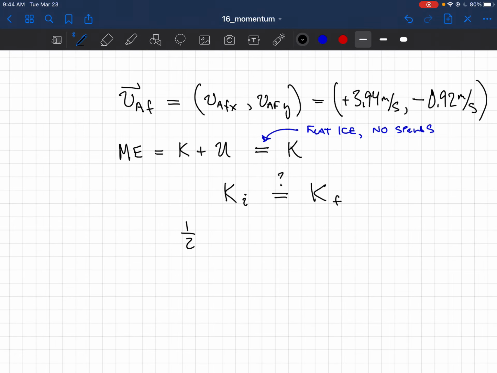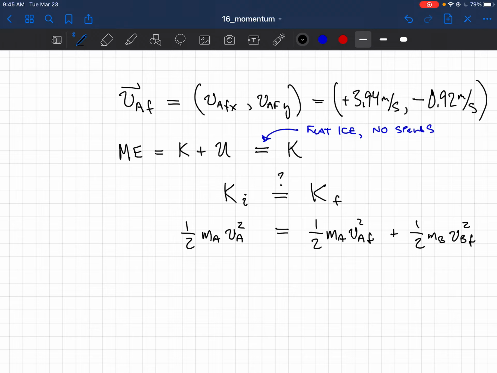So kinetic energy initial would be 1/2 MA VA squared, because we only had one thing moving in the beginning. And then kinetic final would be 1/2 MA VA final squared plus 1/2 MB VB final squared. And we need to see if that's true. So let's look. We have 1/2 MA VA squared.